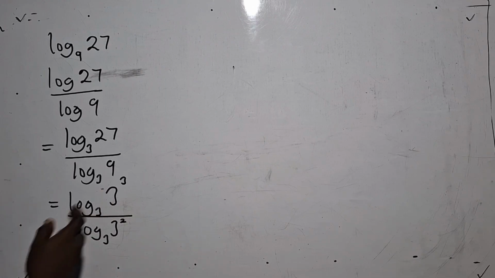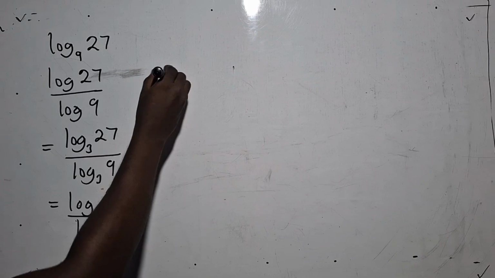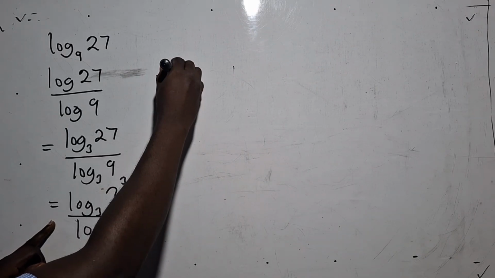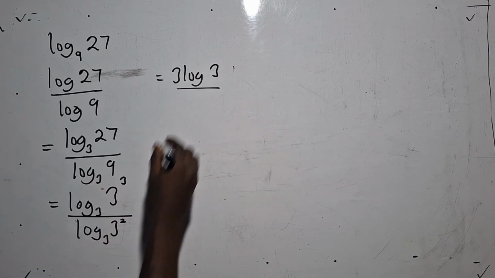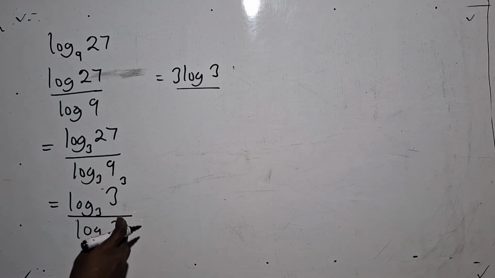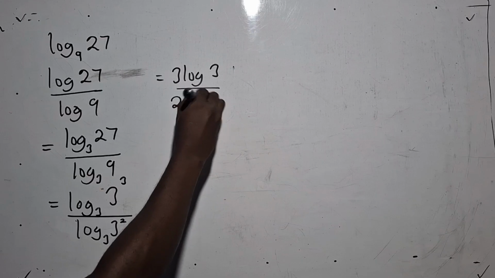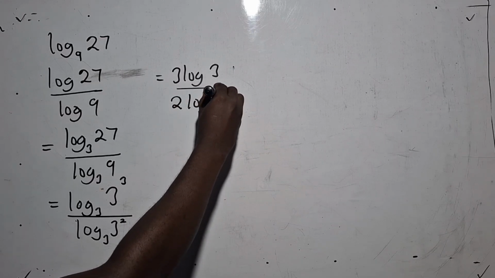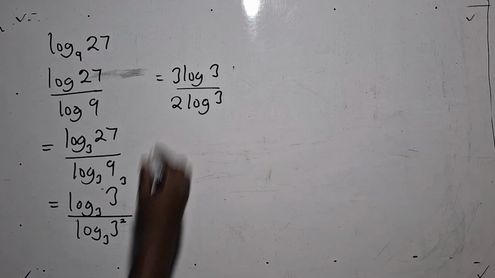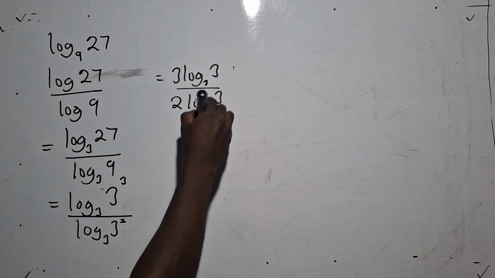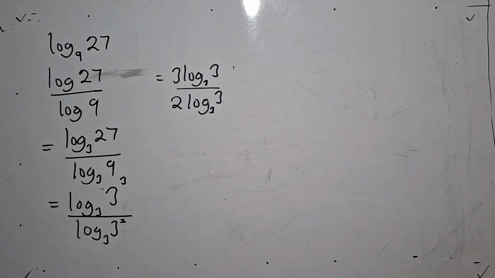Now I'm going to continue from here, so follow closely. This will give me 3 log 3 all over 2 log 3, with their bases 3.